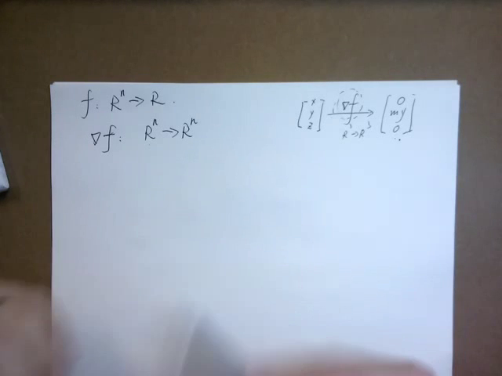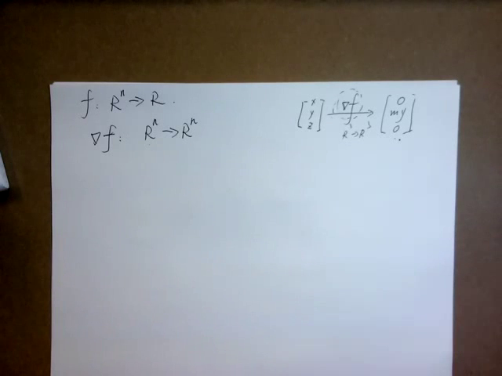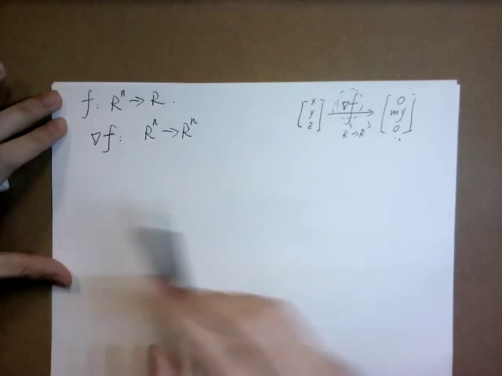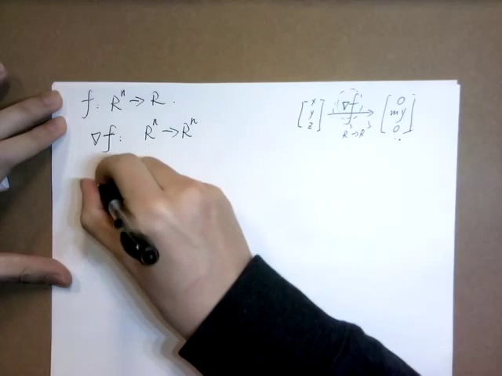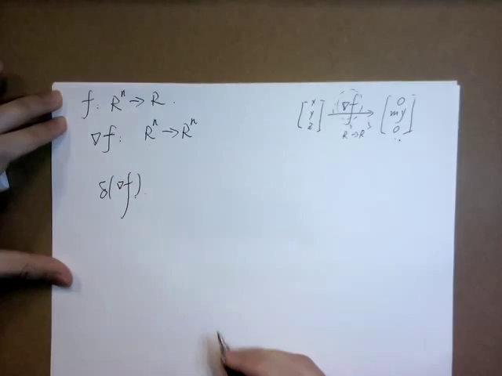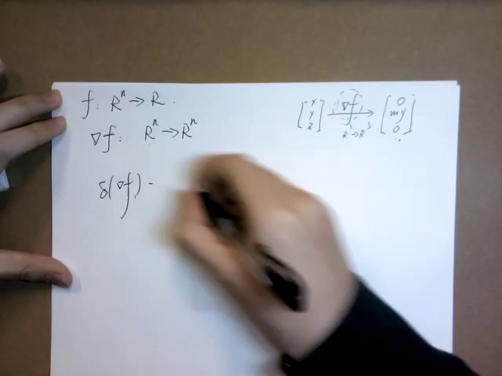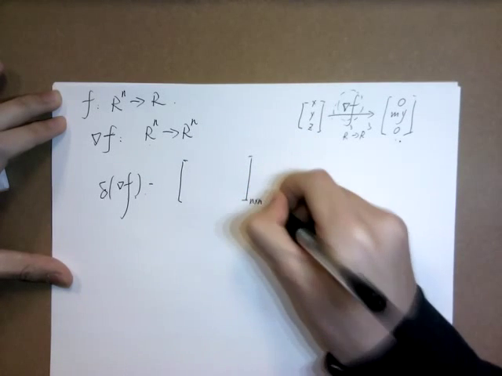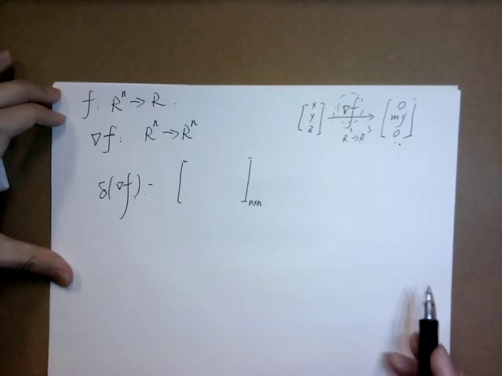So if you're just treating it as a multivariate vector function, we can also get the Jacobian matrix of the gradient. What is the Jacobian matrix of the gradient of f? It will be an n by n matrix.